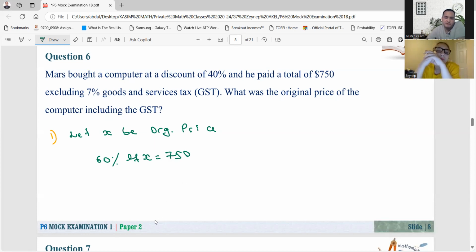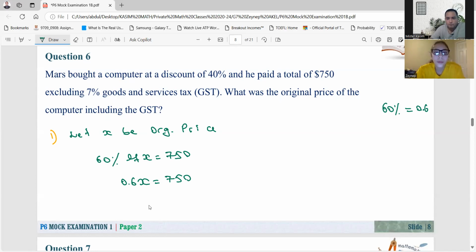You can use a calculator for this part, okay? And we know that 60% is equal to 0.6 because percent means divide by 100. So here we have 0.6x is equal to 750. Do you have a calculator?